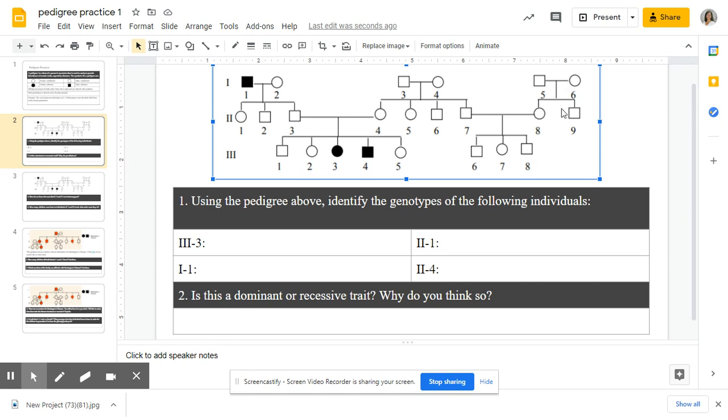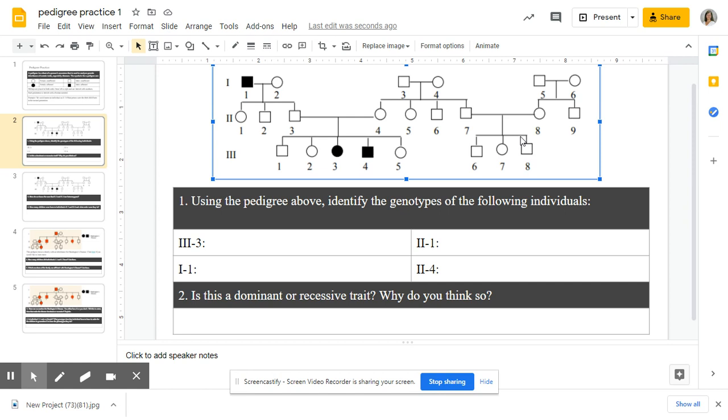I also noticed that in this section here, no one is shaded in, and then the children of 7 and 8 here, none of them are shaded in either. So that's sort of giving it away that they probably all have that dominant trait that has taken over, which is why you don't see whatever this trait is showing up.